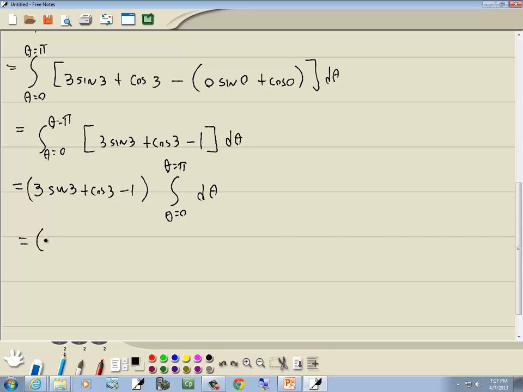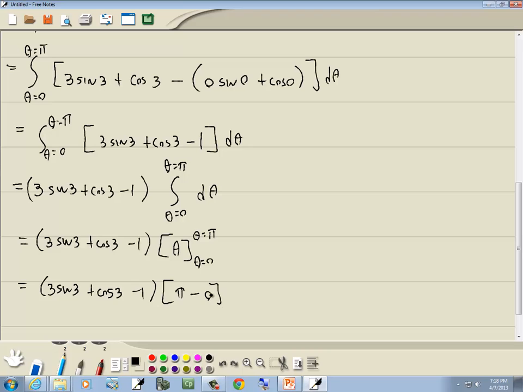So this becomes 3 sine 3 plus cosine 3 minus 1, and then theta from 0 to pi. We'll plug pi in for theta, so we've got pi minus, and put 0 in for theta. I'll put the pi out in front: pi times 3 sine 3 plus cosine 3 minus 1. And that's our answer.